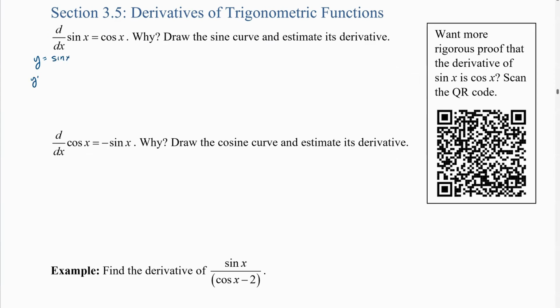And I'm going to say, well, what do you think the derivative graph looks like? So let's look at this graphically. I want you to imagine the graph of sine, which starts at 0, and then at pi, it goes back to 0.